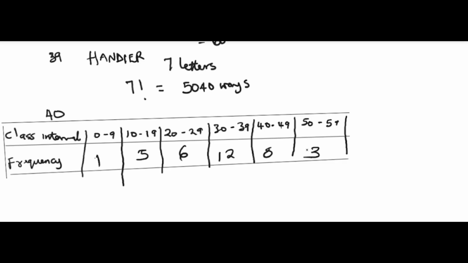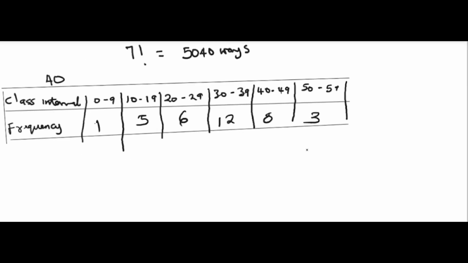Now, since it's an objective question, I wouldn't waste my time writing the formula for mode of a grouped data. All right. So what will I do? Now, mode is actually the number with the highest frequency, and the highest frequency here is 12. Now, the class interval for that is 30 to what?